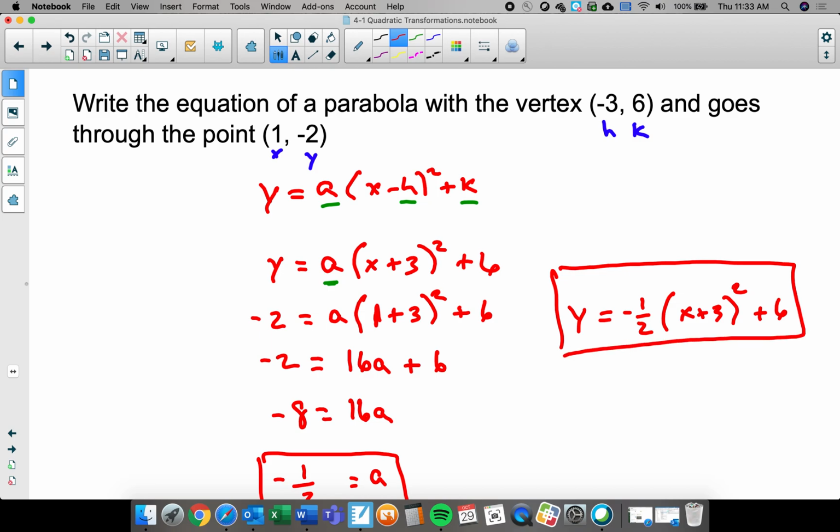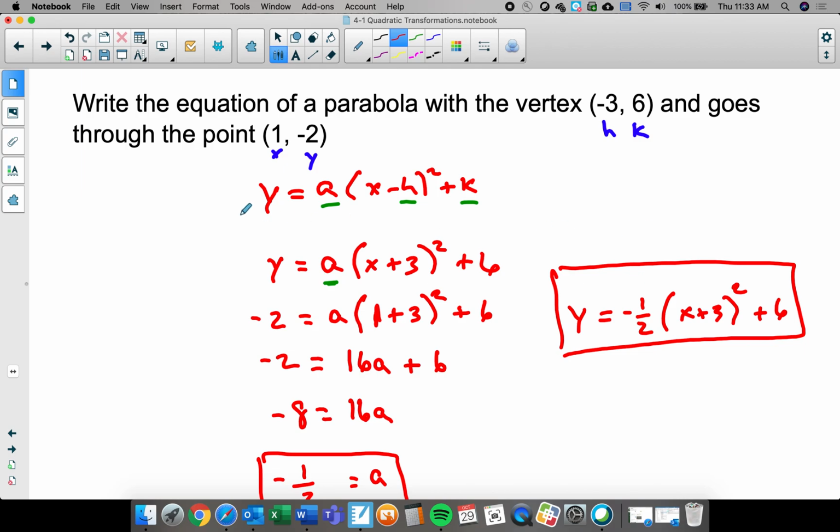And there is the equation that goes with that. Okay? So ultimately, and hopefully this a being negative is not a huge surprise, because your vertex, if you go to the left 3 and up 6, this point is below that vertex, which means the parabola has to be opening down. So if you kind of think of that as well, that will also help you out.